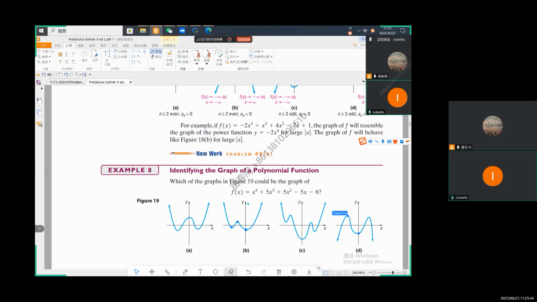I think it might be D because the x-intercept is -6, the y-intercept is -6, and this one looks like -6. Oh, so this one is out, right? It must be D.